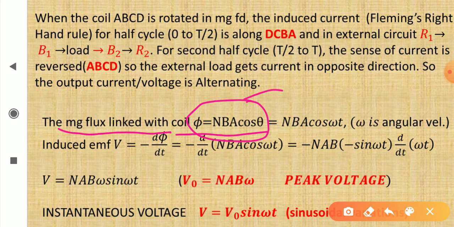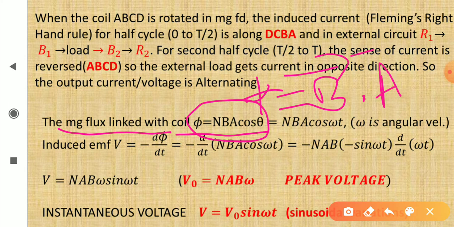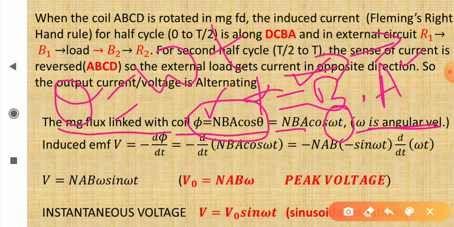You know this relation, that phi is equal to B dot A, and if it has N turns we multiply by N, and its magnitude is BA cos theta, where theta is the angle between vector B and area vector A. So it is NBA cos theta, and the angle theta is equal to omega t, where omega is the angular velocity of rotation of the coil. You are familiar with this relation, that theta is equal to omega t, right?